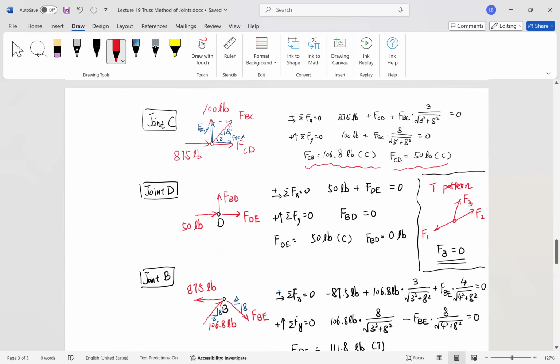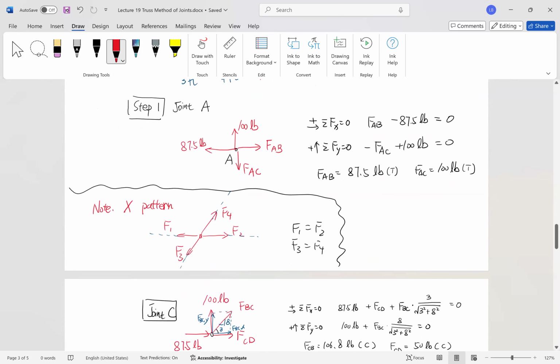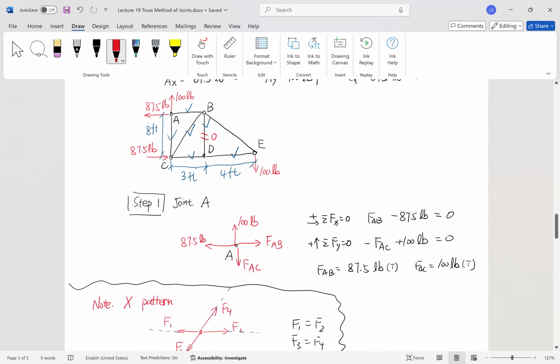Okay, until you have solved all the unknown member forces here. So in other words, although it is a tedious process, when you are asked to find all the member forces, what you need to do is repeat the particle equilibrium for each joint, joint by joint, until you solve all the member forces.